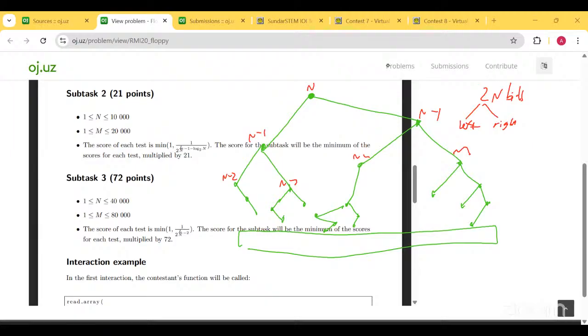Yes, 2 children. So 0 means it doesn't have a left child, 1 means it has a left child. Okay. How about like this? For example, for this one, it only has a right child, of course. Actually, we can make it 2n minus 2 since, of course, the first value never has a left child and the last value never has a right child. But never mind, 2n is enough for solving this problem.